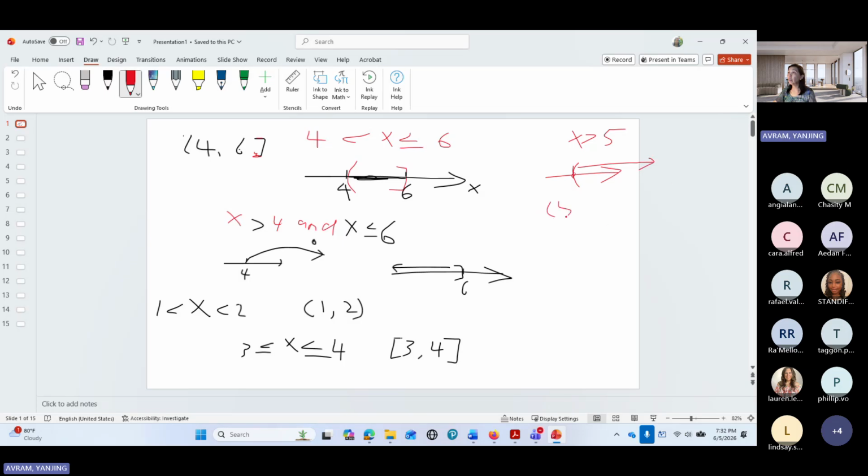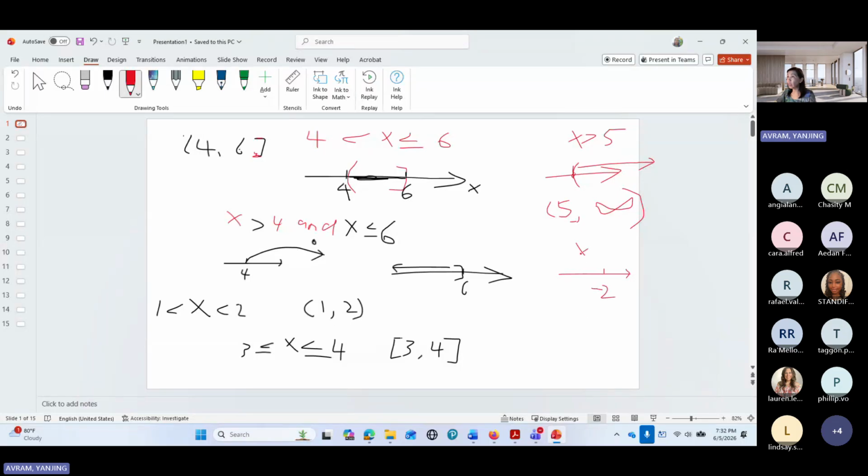So you have 5 as the smaller number, and then this one goes to infinity. Using the symbol 8 on its side, that represents infinity. Okay, and infinity you never equal to, so infinity always uses the parenthesis. All right. And then if you have x less than or equal to -2, right?